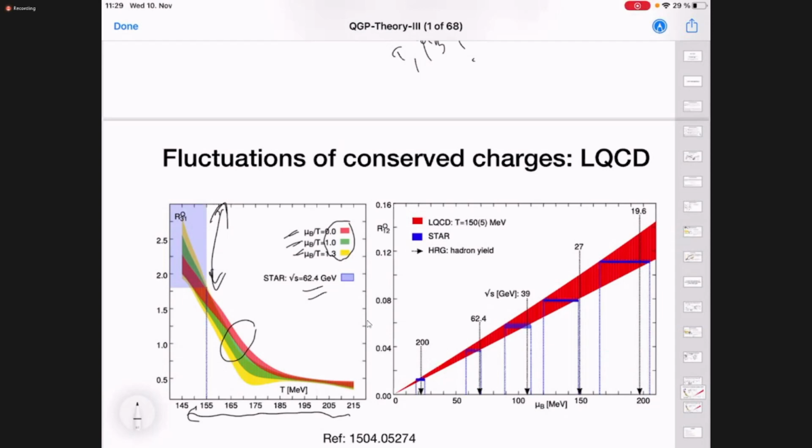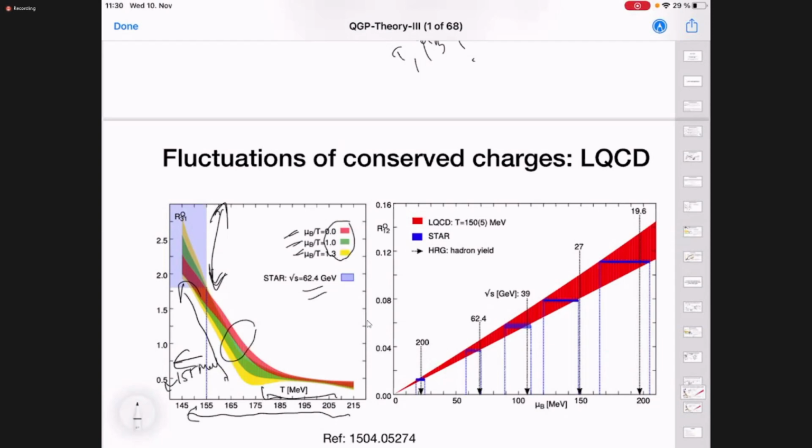However, it is quite sensitive to temperature, and that's exactly what they have managed to do. Once you put this together, what this is saying from first principles is that the freeze-out temperature is at least less than 155 MeV. This is an important statement.